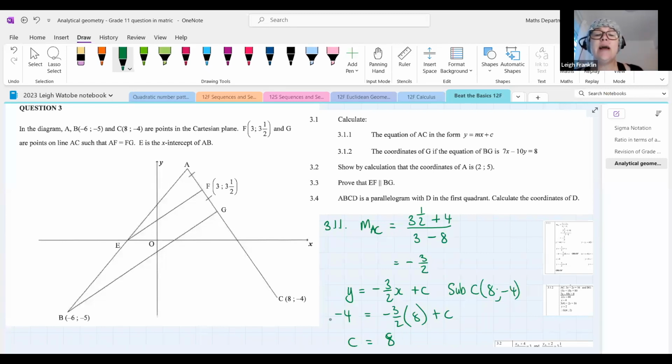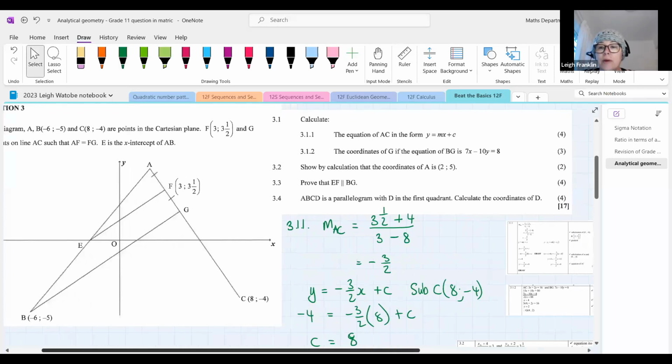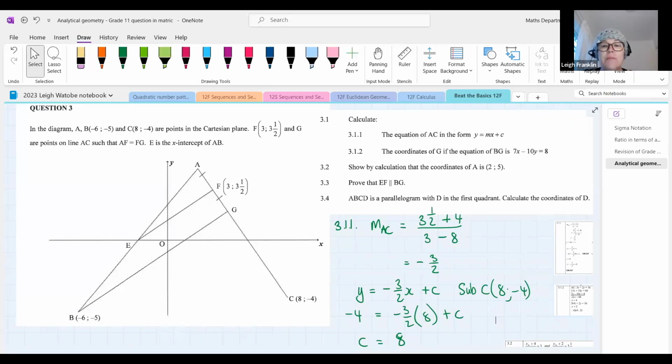They want us to calculate the coordinates of G if it is given that the equation of BG is 7x minus 10y equals 8. All right. Again, I think I'm going to let you guys do that. You should know how to do this. I'm dropping major hints here. It's out of 3 marks.